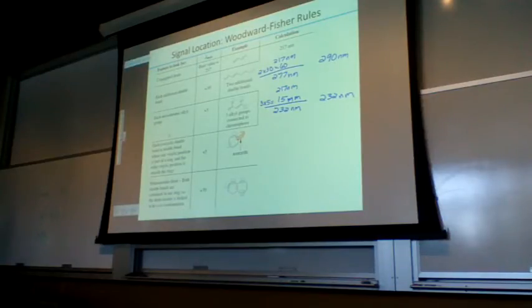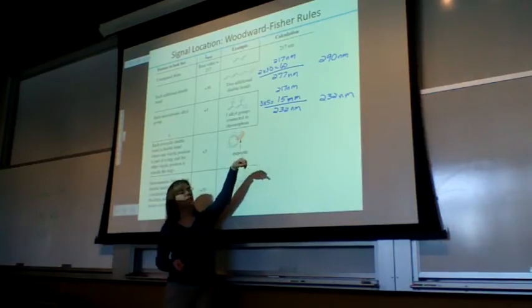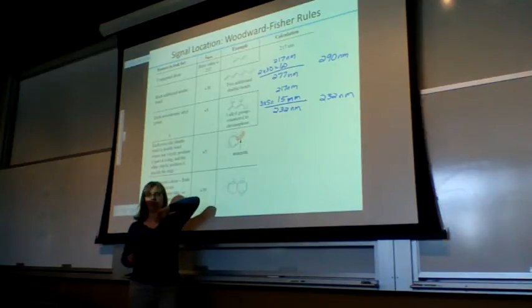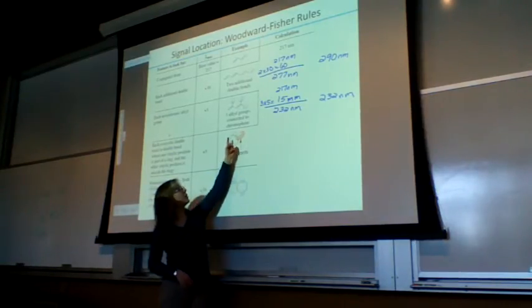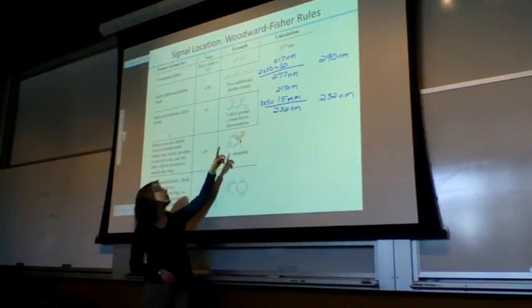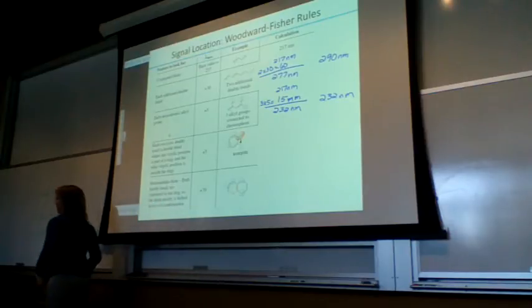The next one has a couple of things going on. One is that there's an alkene that is sticking outside of a ring. We call this exocyclic, being outside of the cyclic structure. And it also has 2 alkyl groups. So the exocyclic adds 5, and then each of the alkyl groups is going to add 5.